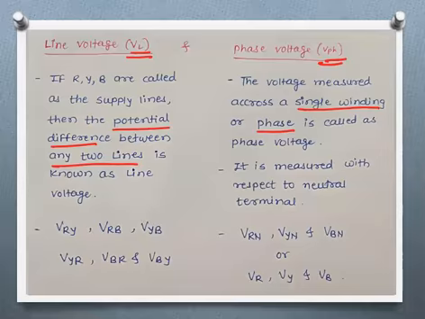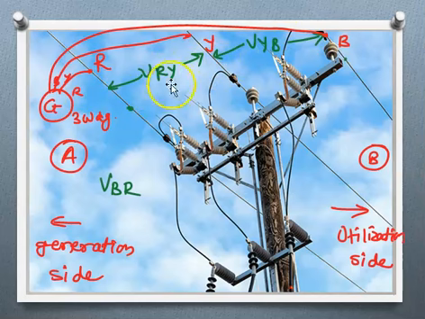We have seen here these are the three supply lines R, Y, B. This is R phase, this is Y phase and this is B phase. These are three-phase supply lines. The phase voltage will be the voltage of each phase. That means the potential of the R phase, the potential of Y, and the potential of the B phase is called phase voltage, which is measured with respect to neutral.